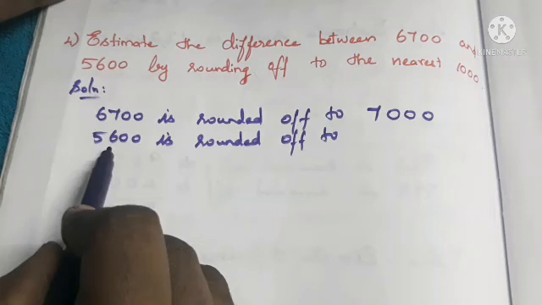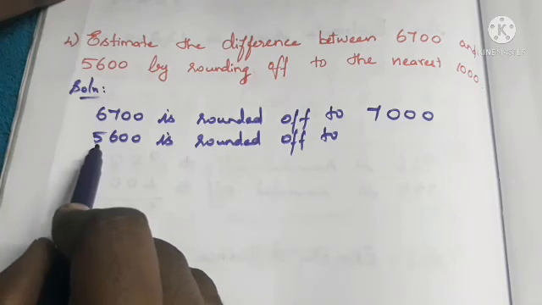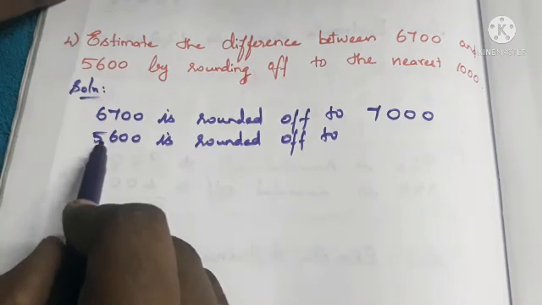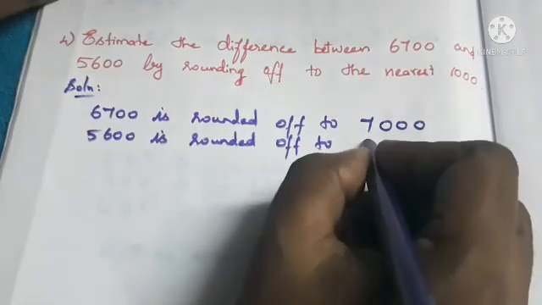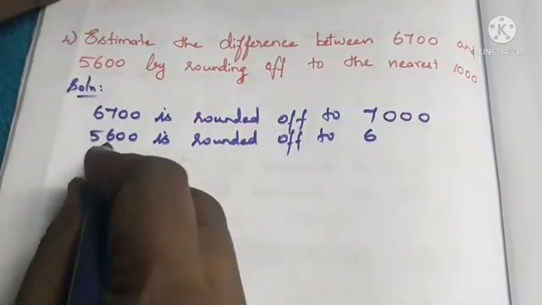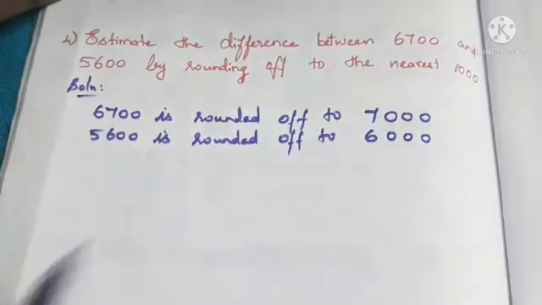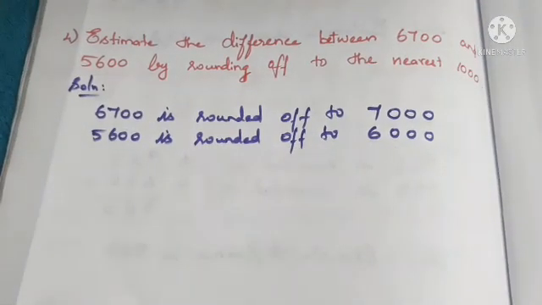We know the second condition: if the 100 place is 5 or more than 5, we add 1 to the 1000 place. So 5 plus 1 is 6. The 1000 place changes from 5 to 6, and in the remaining 100s, tens and ones places we write 0. So now we have rounded off to the nearest 1000.